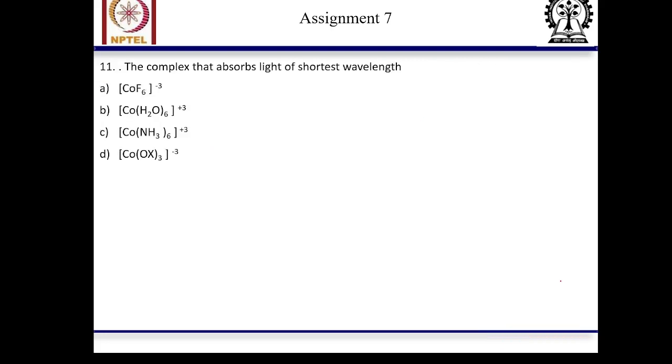Complex that absorbs the shortest wavelength. I will wait for a few seconds and then I will tell you which one will absorb the shortest wavelength.